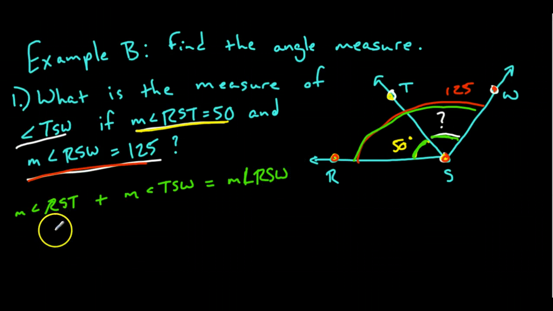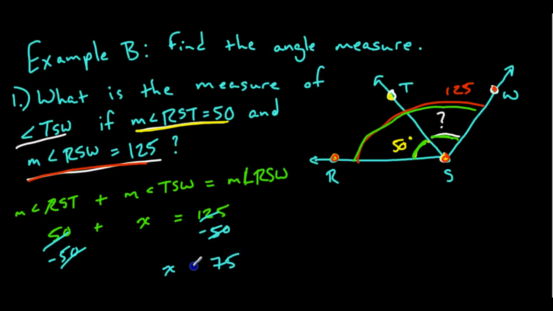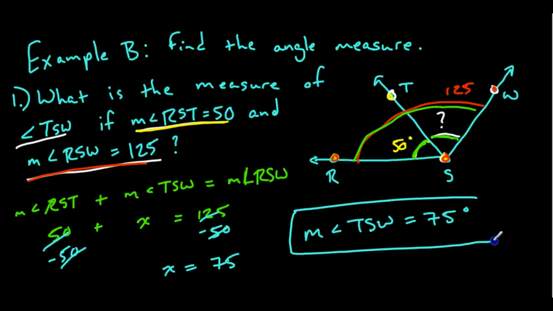All right, RST is really 50 degrees. We don't know TSW, so let's use X. And the big angle is 125. Just a quick, easy equation that we can go ahead and solve. Subtract 50 on both sides. And we get that X equals 75. Which really means that the measure of angle TSW equals 75 degrees. 50 plus the 75 would equal that full 125.